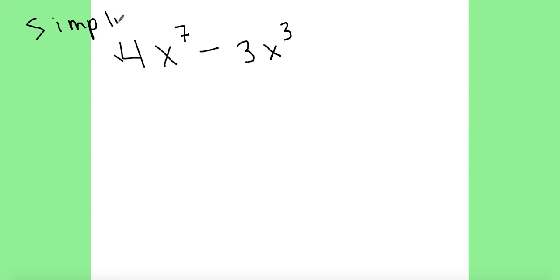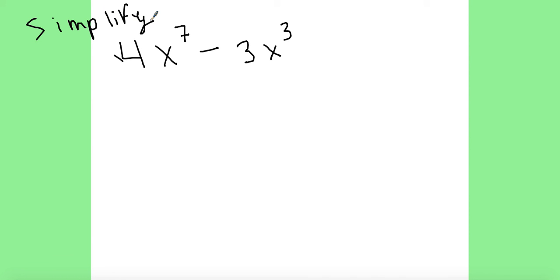Now, again, if I fall into a situation where I'm left with an expression that has something like this, and maybe I'm asked to simplify if possible, well, I can't.